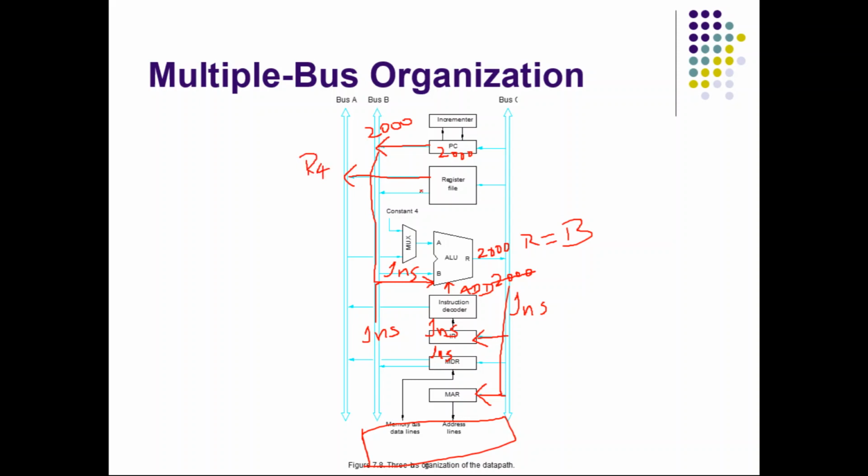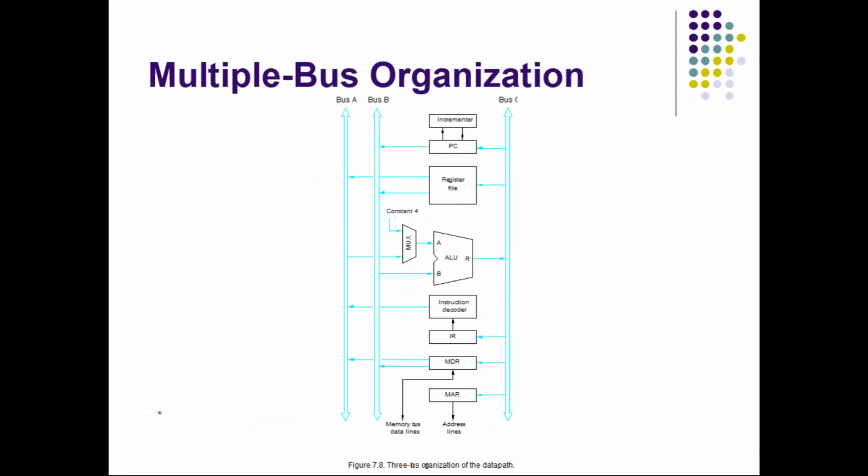R5 out B means whatever content is available in R5 will be moved to bus B. Now bus B contains R5 and bus A contains R4. Bus A is nothing but one of the inputs of the multiplexer, so here R4 is available, and bus B is nothing but the B input, so here R5 is available. So let me clear everything.